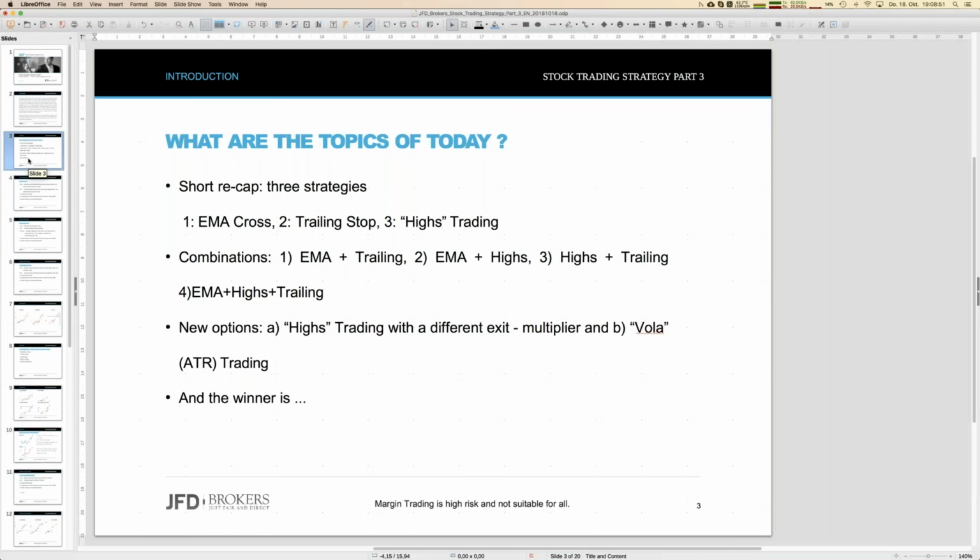Okay, but most of the stocks are below 100, and therefore we can scale down the strategy by a factor of about 10. What we do here is first a recap of what we have done. Basically we have used 3 kinds of principal strategies: EMA cross, trailing stops, and high trading.